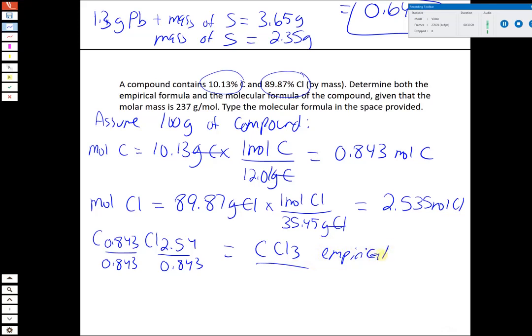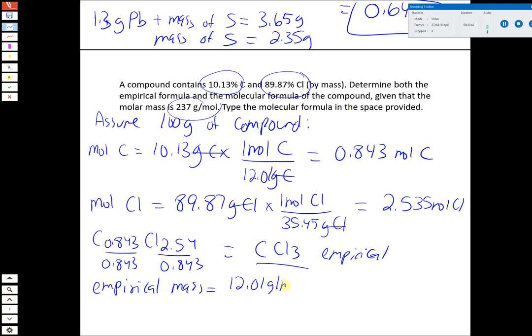Now to find the molecular formula, though, we have to take the empirical mass and compare it to the molar mass. So the empirical mass, which is just the mass of 1 mole of the empirical formula, is going to be the atomic mass for carbon, which is 12.01, plus 3 times 35.45 for chlorine, and so our empirical mass is 118.